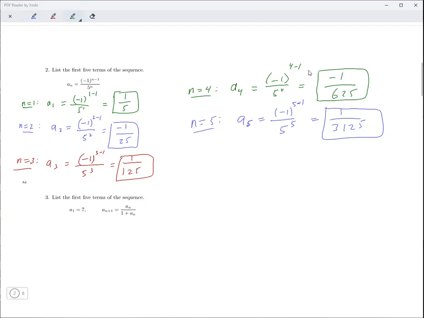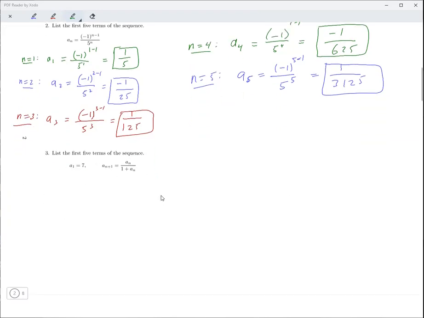Okay, any questions about that? Okay, great. This represents one of the two main ways of representing sequences, which is as a formula like this. So it's kind of like the same way that you usually represent functions. Number 3 represents the other main way of representing a sequence.